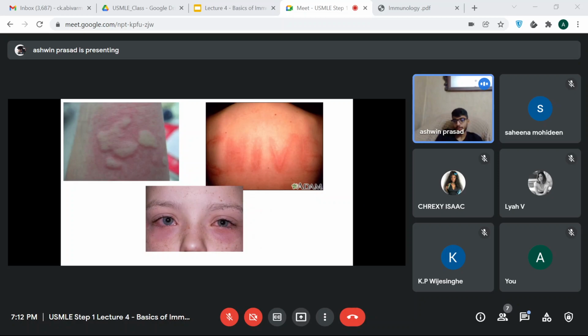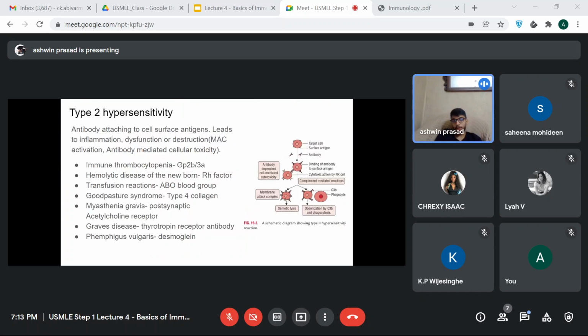What you have to remember is the conditions. There are a lot of examples, and you have to remember, if possible, the exact segment to which we develop the antibody. In this case, immune thrombocytopenia, immune as in it's mediated by our own immune system. Thrombocytopenia as in thrombocyte is a platelet, penia as in deficiency. So we have platelet deficiency because we develop antibodies against platelets.